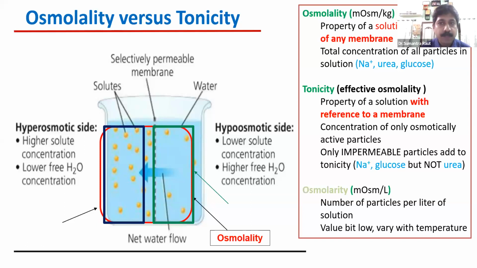Normal human blood osmolality is made up of sodium, urea, and glucose in the majority. But regarding tonicity, as urea easily crosses cell membranes, tonicity is conferred only by sodium and glucose and not by urea.